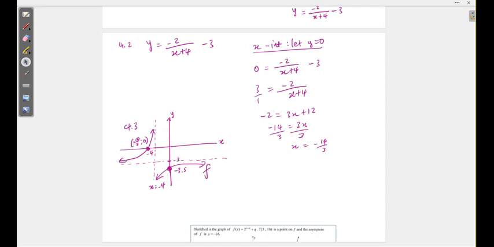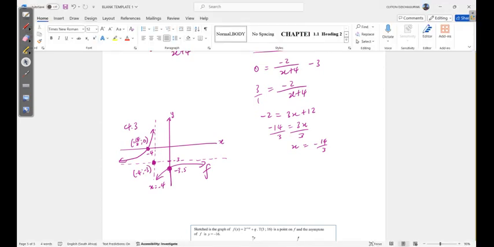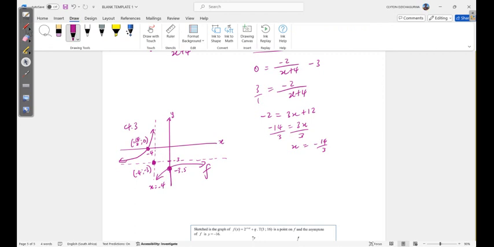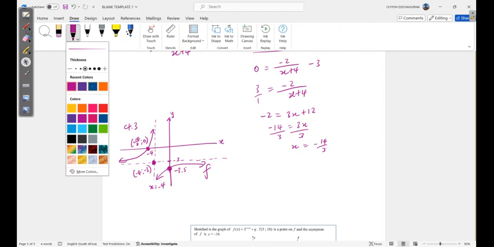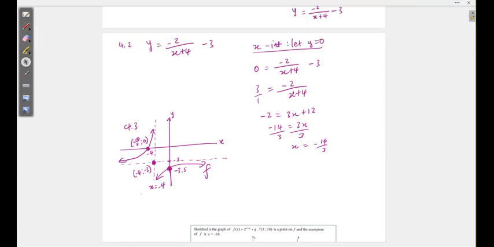So the most crucial part was to determine this point. Remember, the coordinates of this point are negative 4 and negative 3. This is the point whereby the asymptotes pass through like this, or maybe let me draw them as lines: this will be the first axis of symmetry, and this will be the second axis of symmetry.